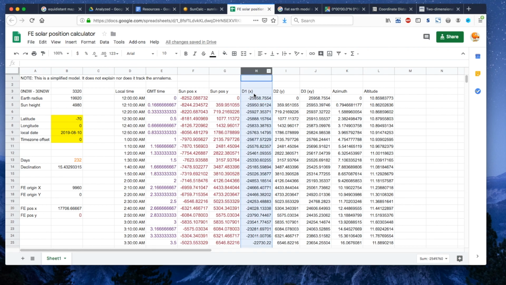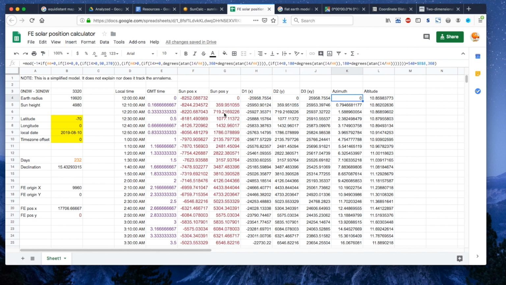This column is the distance in the x direction between the sun and the observer. This column is the distance of the sun in the y direction to the observer. This represents the hypotenuse of these two.